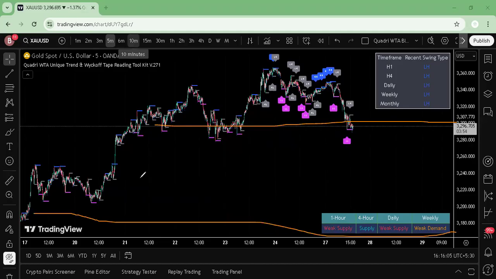So you can see these two levels which I gave, 3300 and 3173, and now I gave a level of 3306.672.